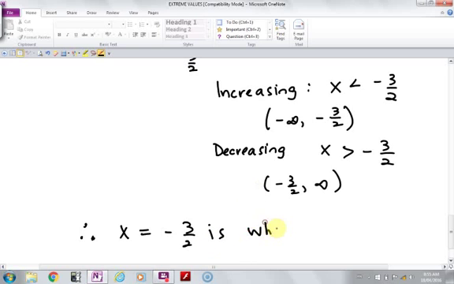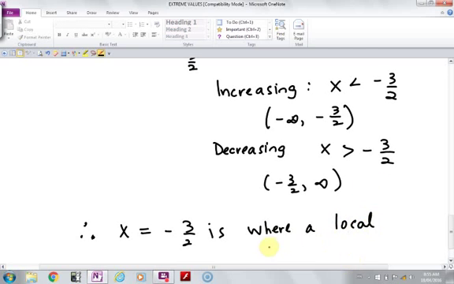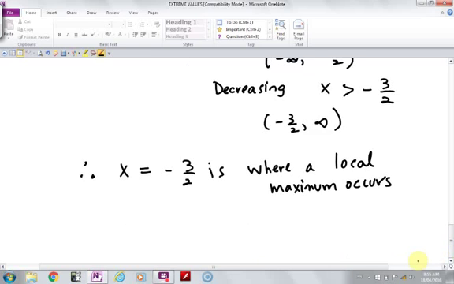No, it is where a local maximum occurs. So if we wanted to find the maximum value, what would we do? Plug it back into the original function.